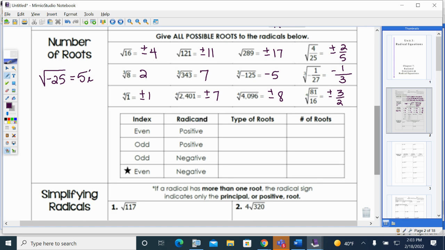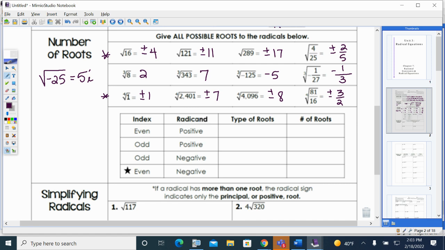So this next little table is kind of a way to put into words what we just discovered in those examples. If you've got an even index and a positive radicand, so that's like the first line or the third line, an even index, but the number underneath is positive, what types of roots do you have?